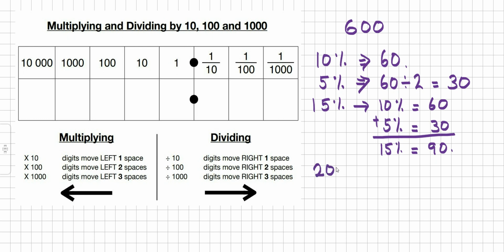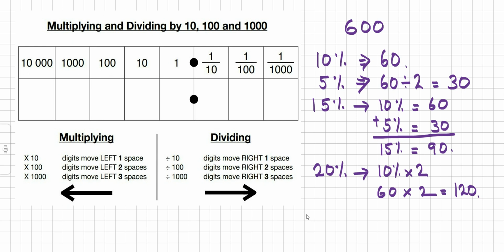So we can use that 10% to help us find other things. 20% is going to be 10% times 2. So that's 60 times 2, which is 120. So that's a very useful thing. If we know what 10% is, then we can use that to find 15, 20, 5, and so on.